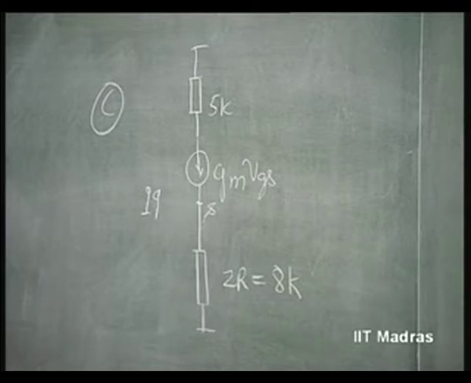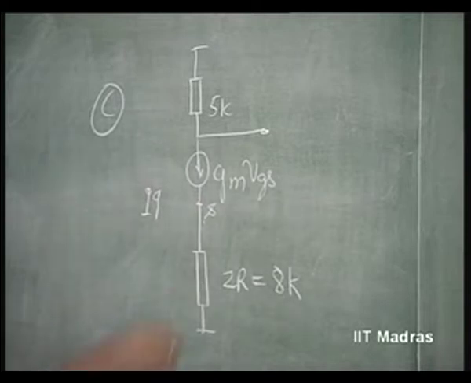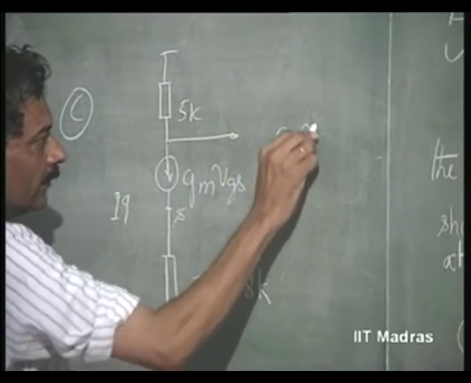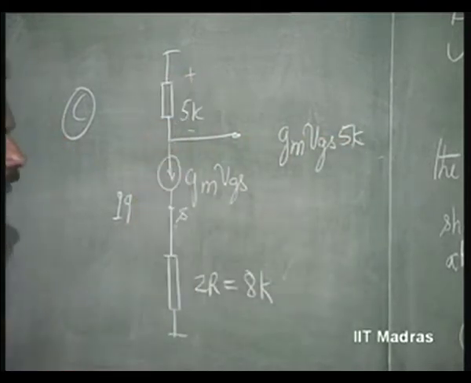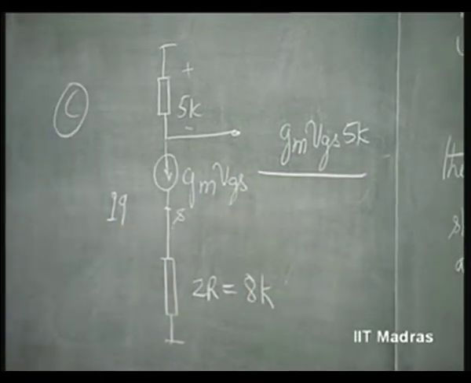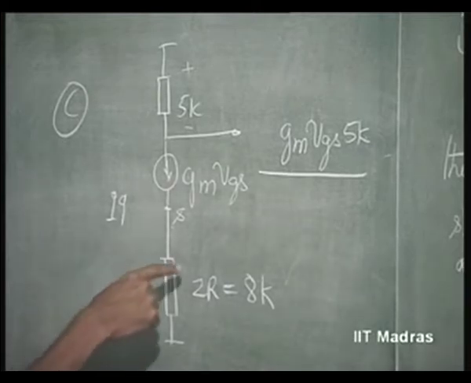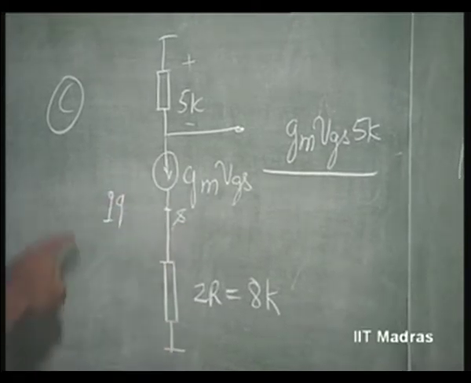So, we would like to now find out the output here, and through the output we have this current flowing, gm into Vgs. So, gm into Vgs into 5K is the output, divided by the input. Now, the same current is going to flow through this particular resistor, and therefore, Vgs is going to be the input.